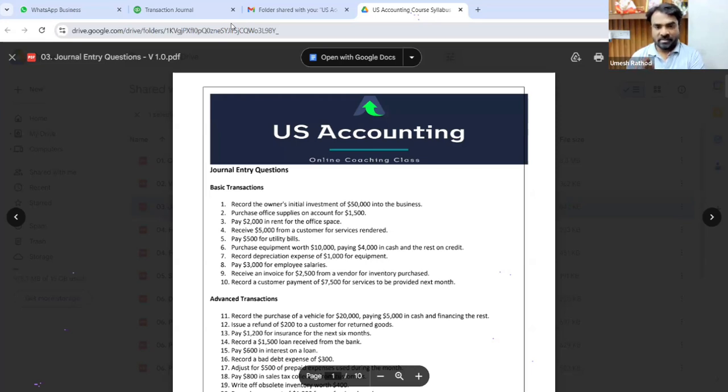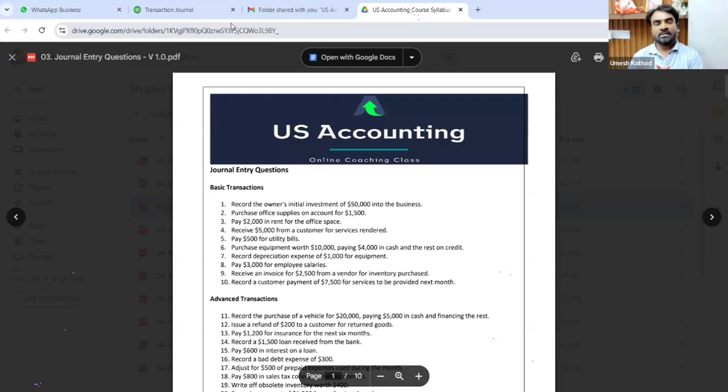This is your first transaction. And another transaction is COGS debit and inventory account credit, because your inventory has also decreased. Whenever assets decrease, you have to credit it, and whenever expense increases, you have to debit it.